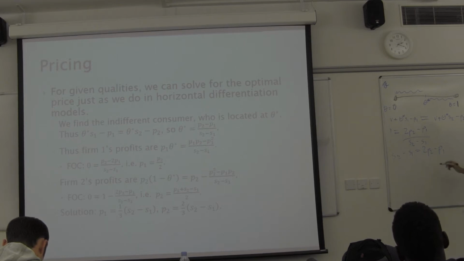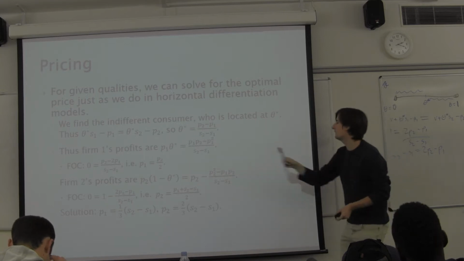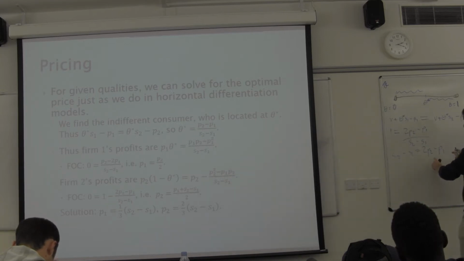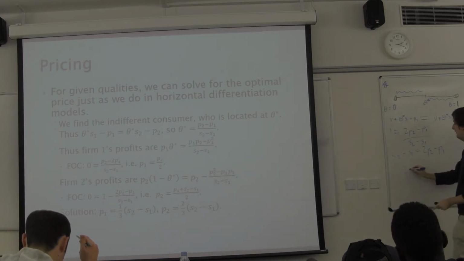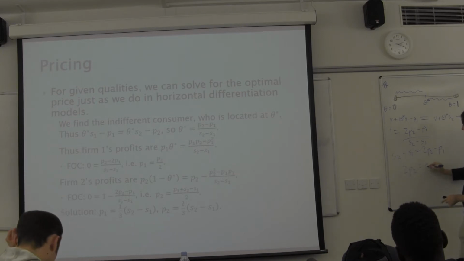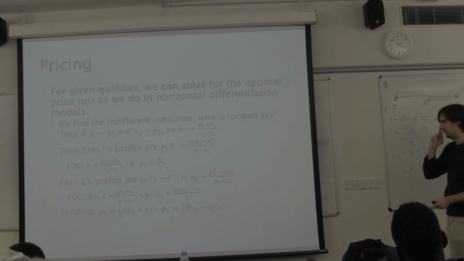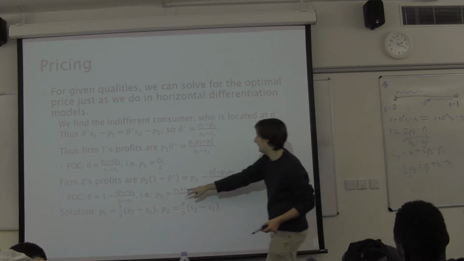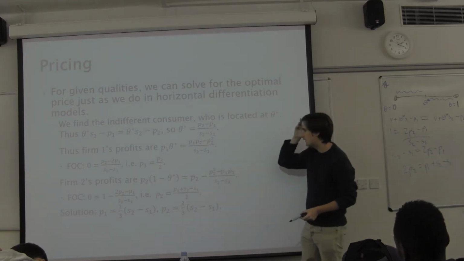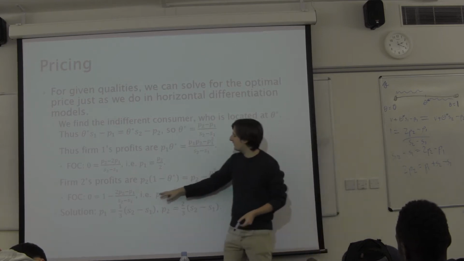So P2 is going to be what we've got on the slide there. P2 is going to be equal to P1 plus S2 minus S1, all over 2. So P2 is half of P1 plus S2 minus S1.